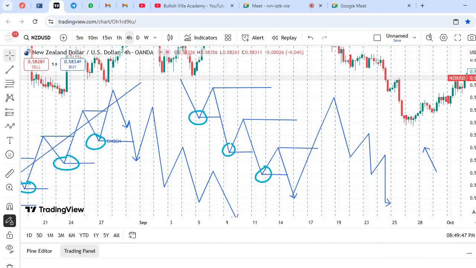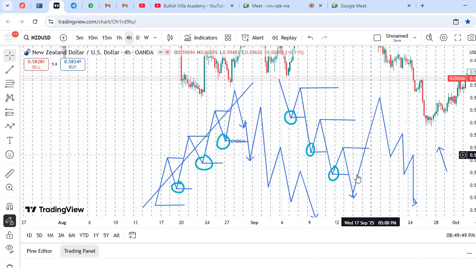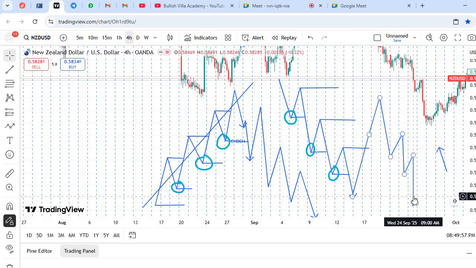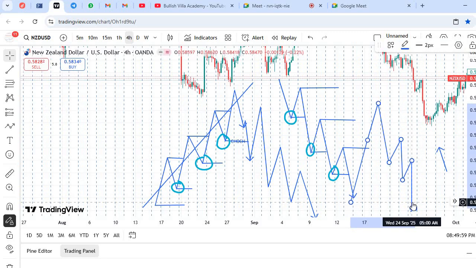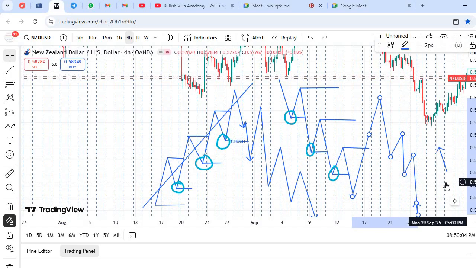You understand? That means there was no change of character here. So price just went up to clear all these highs and continue going down. You understand? So that means that the sell is still valid. Do we understand?